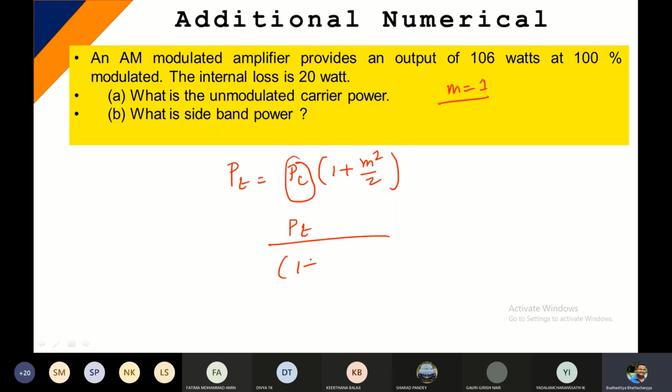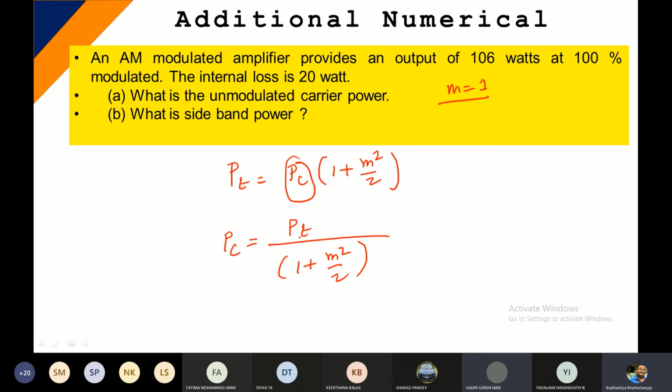PT is equal to PC times 1 plus n square by 2. Fine, so this is what we are looking at. Now, what should we consider with respect to PT? What is the total power given? Guys, please respond. What is the total power provided to us in the equation?